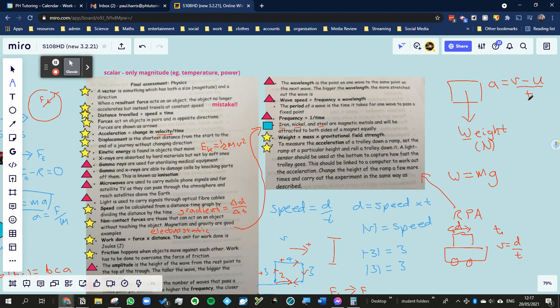Then we've got the time it takes to actually roll from the top to the bottom, which we can just call T, so the time between the two light gates, I guess. And then you'd be able to work out the acceleration.